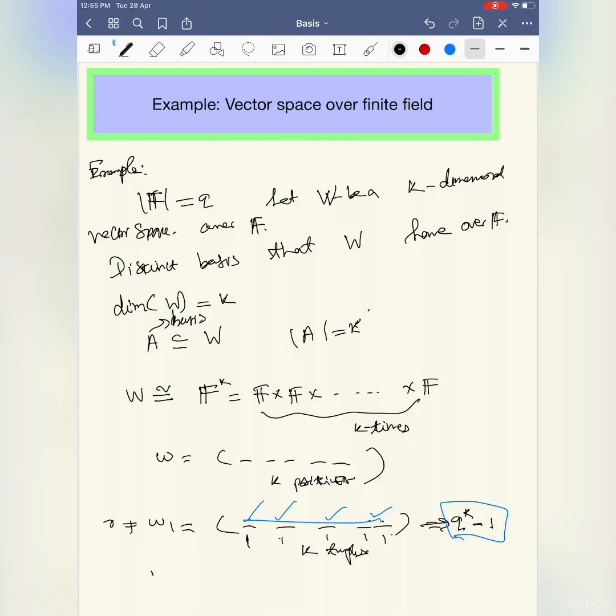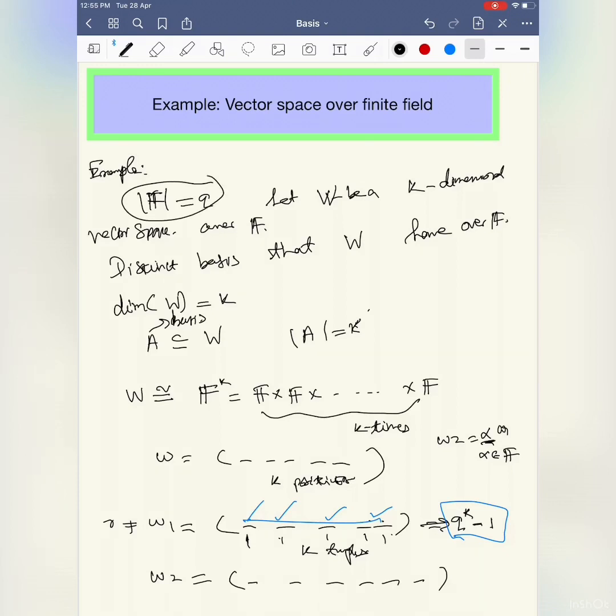Next I am constructing w2. w2 should not be a linear combination of w1. So I have to carefully fill these entries, which should not be the previous linear combination. That means w2 cannot be alpha times w1, and for this alpha, how many choices do I have from F?